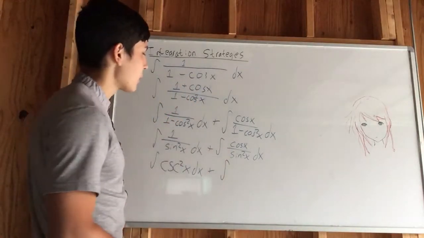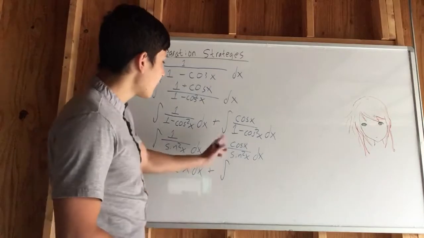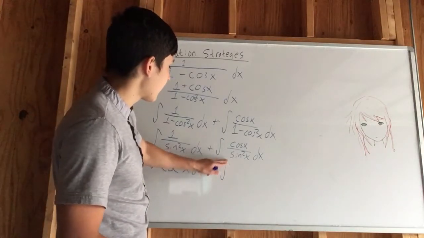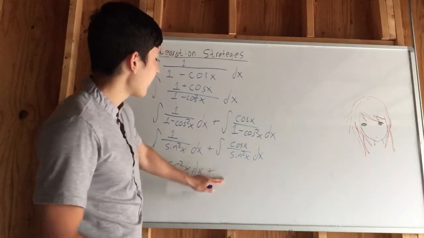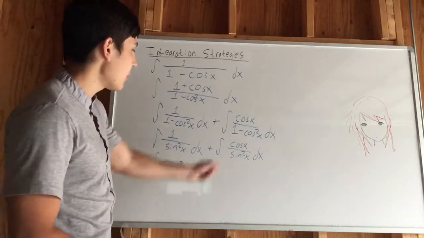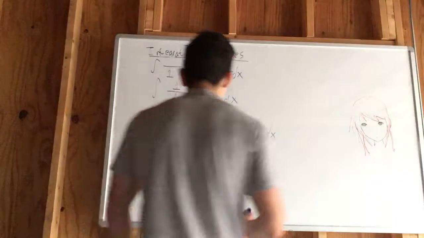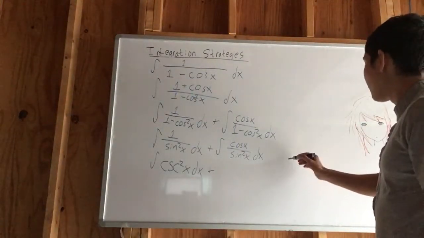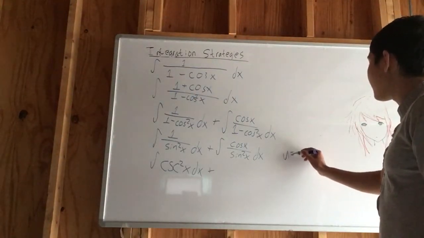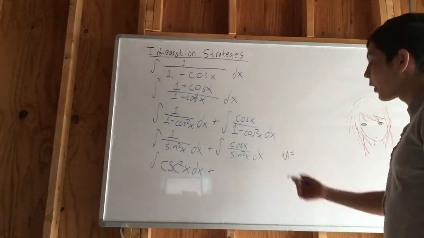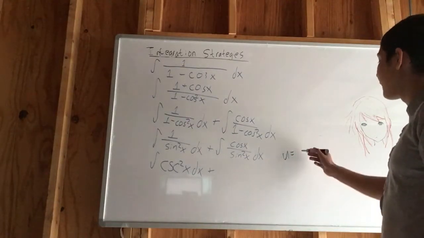And what do we do with this one? Well, you could also change it to cosecants and stuff, but it might be better to just do u-sub to solve for this one. So on this side, we let u equal, you could let it equal cosine or you could let it equal sine.